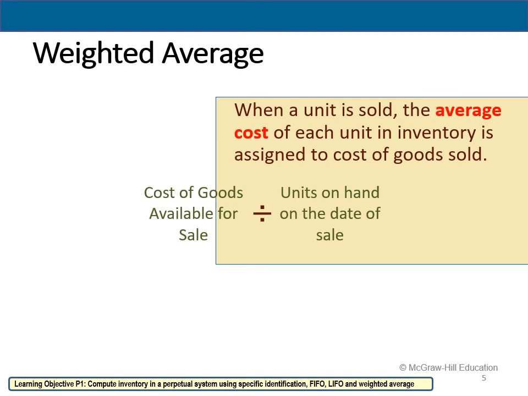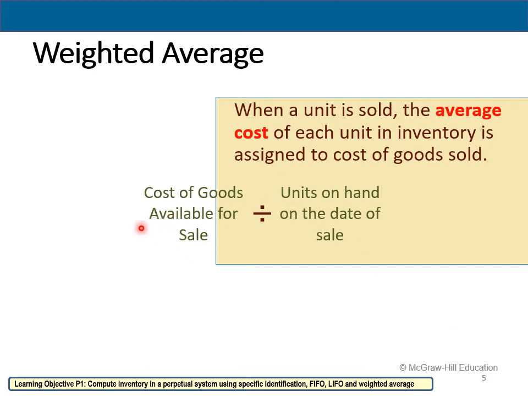The weighted average inventory costing assumption splits the difference between FIFO and LIFO. With the weighted average, after each inventory purchase, we compute an average cost, and we use that average cost on a per unit basis to determine cost of goods sold.